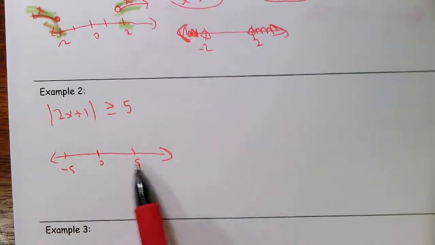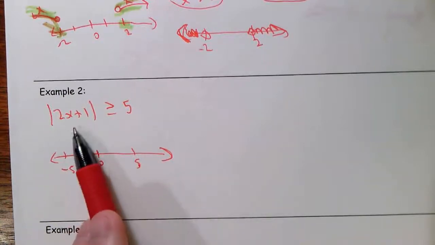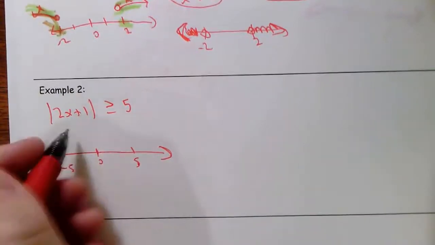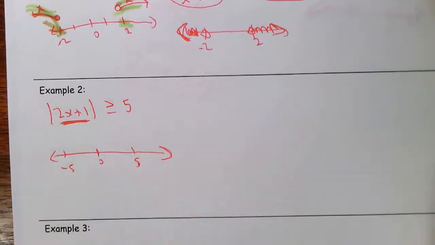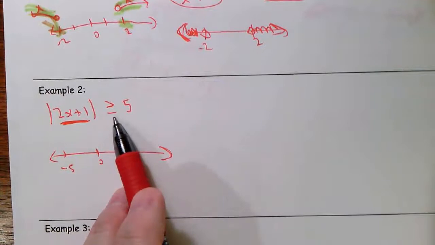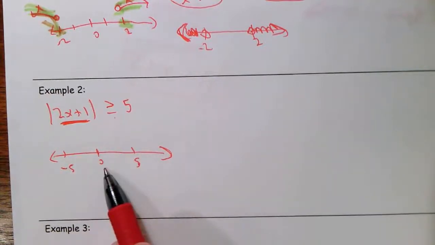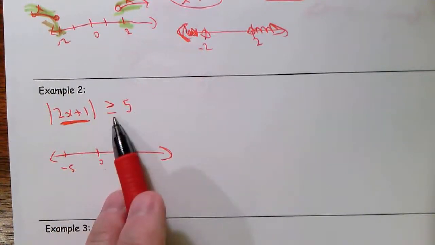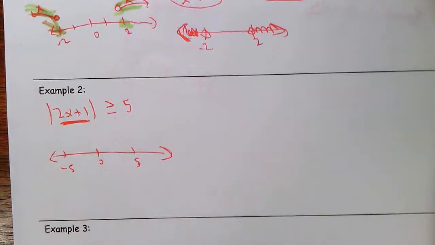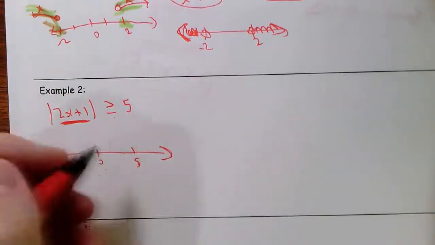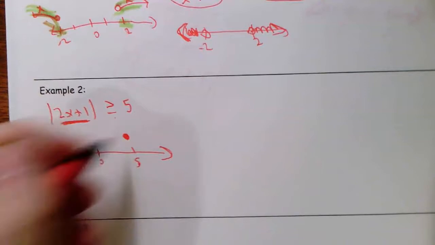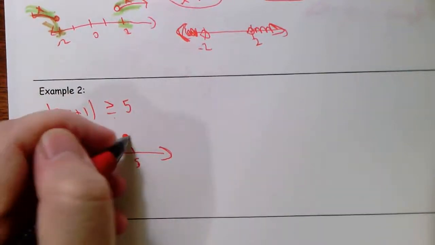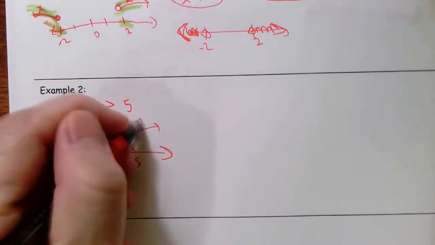So here I go 5 spots because what this actually means is the distance of this amount, whatever's in the absolute value bars, has a distance greater than or equal to 5 from 0. So this 2x plus 1, whatever this 2x plus 1 is, it is greater than or equal to 5 from 0, which means it could be equal to 5, which is why it's a shaded circle, or it's this way.